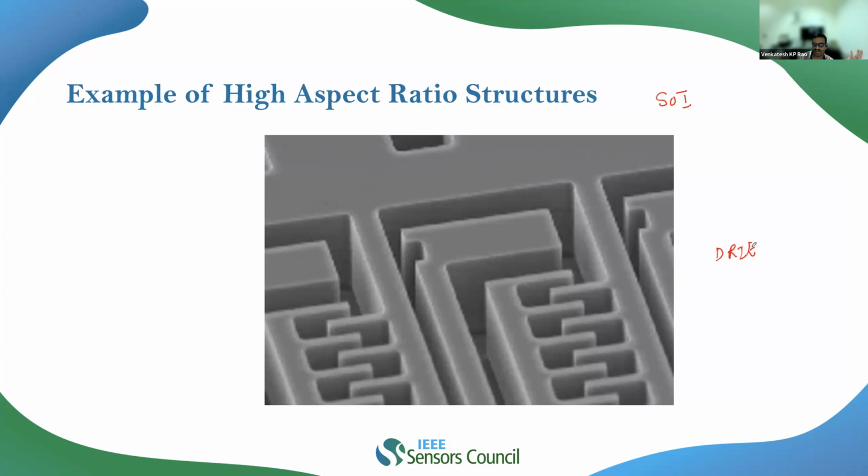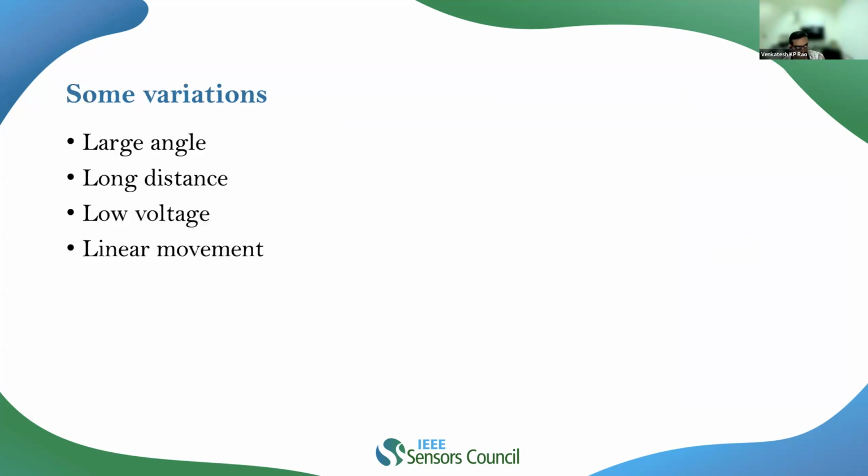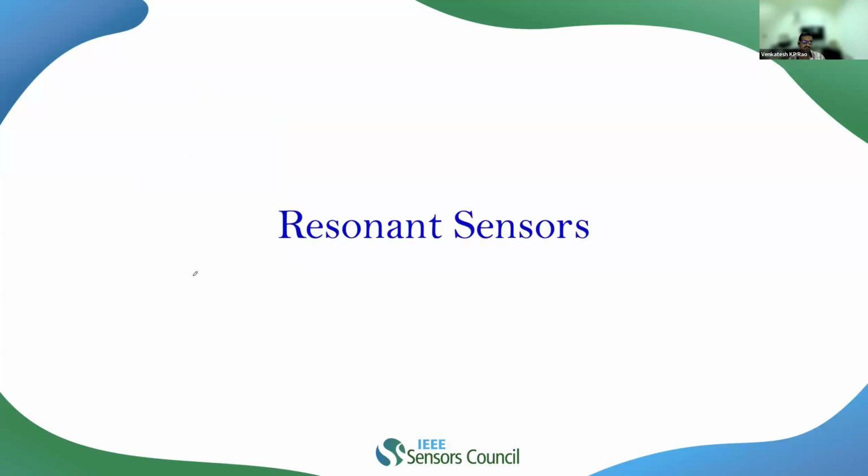Whenever we want to realize the majority of inertial sensors, we indeed want very high aspect ratio structures. And there are plenty of variations you can get around large angles. If you want even linear movements, you can get them as well.